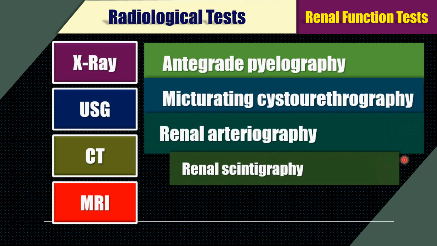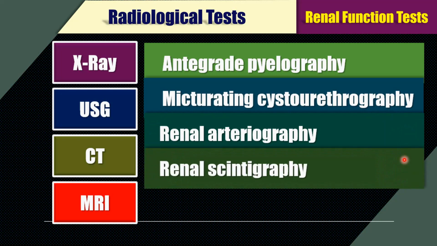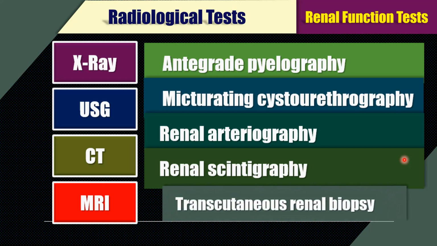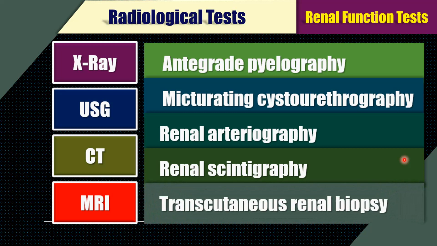Renal scintigraphy uses labeled isotopic studies to study renal perfusion and renal secretion functions. The last category of radiological test is transcutaneous renal biopsy, which is again an ultrasound guided biopsy to study renal disorders like nephrotic syndrome, acute and chronic kidney diseases.